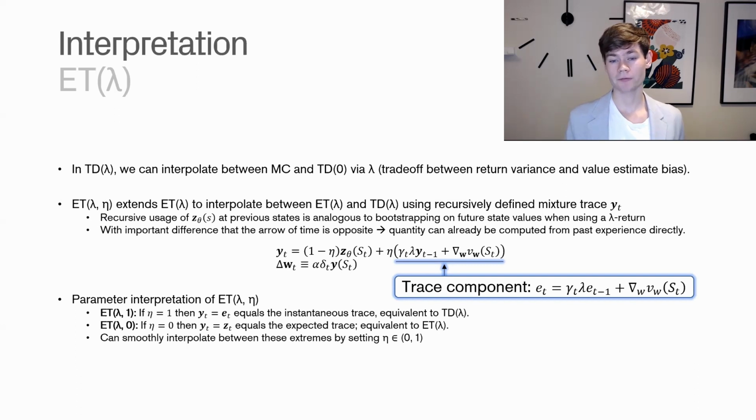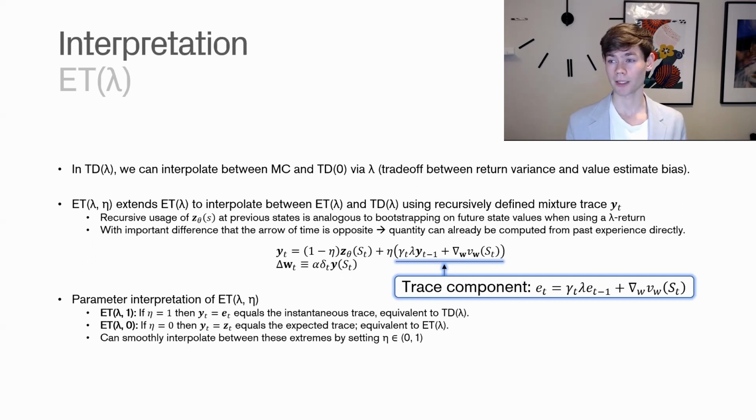And the recursive usage of Z in this Y component as previous stage is analogous to bootstrapping on future state values when using a lambda return. And also with one important difference to this is that the arrow of time is opposite. So when we consider the lambda return before, when we talked about basically bootstrapping the returns as in TD lambda, we looked forward, right?